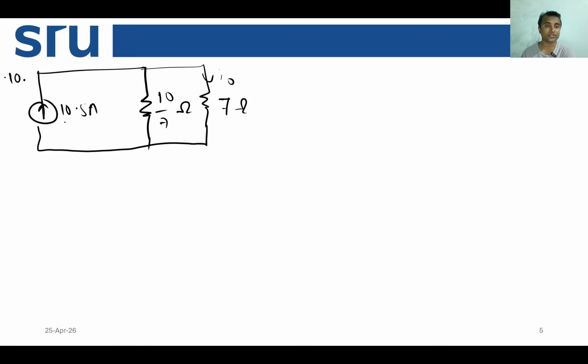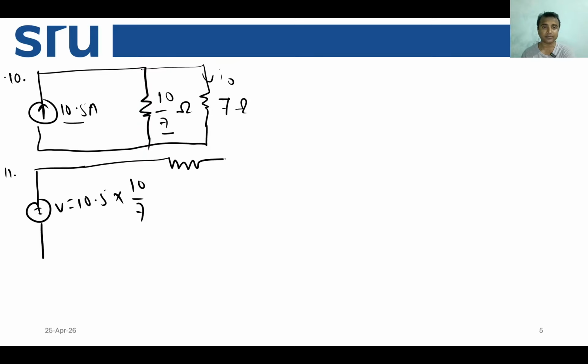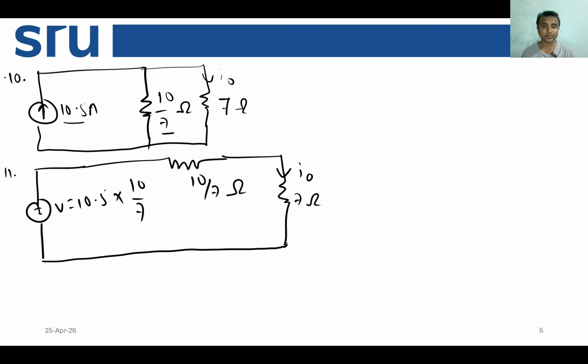So what we have to do is, these two are connected in parallel, so they can produce one voltage source of V equal to 10.5 times 10 over 7, with a 10 over 7 ohm resistance in series, and then this 7 ohm, I0, correct? So this is the value. Now we have to simplify this. We cannot simply do it that way. So what will be the value of this?